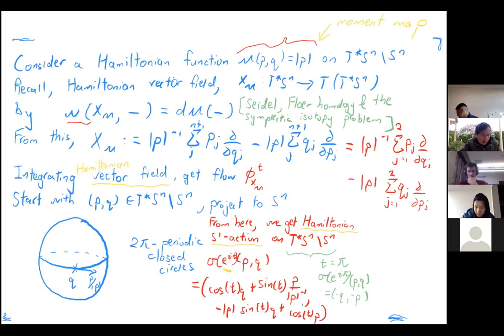Did I write something wrong? Is that restricted to the involution? There's something wrong because this is a bit weird. If you set t is pi, then you send (p, q) to (minus q, minus p).